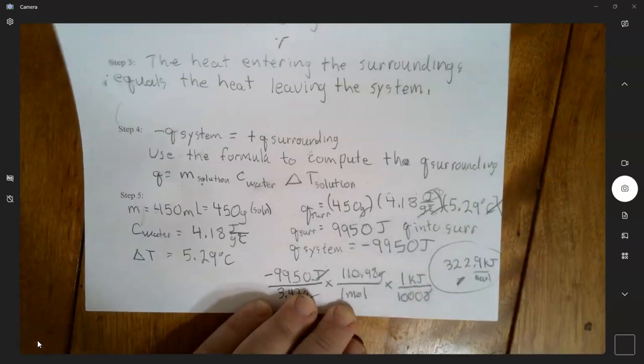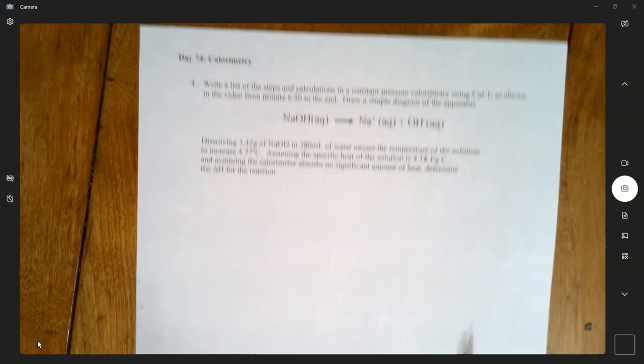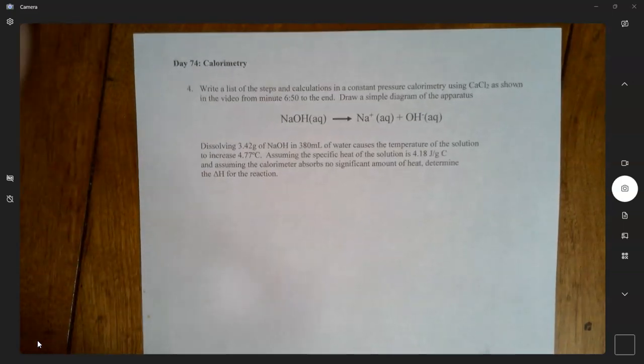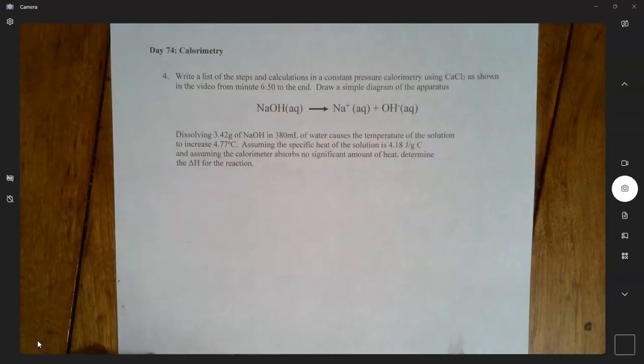That's your final answer right there in the corner, and I'm going to let you do 4 by yourself. It's exactly the same substance we used in the lab, which is sodium hydroxide, and if you have questions, ask me in class or in tutoring.